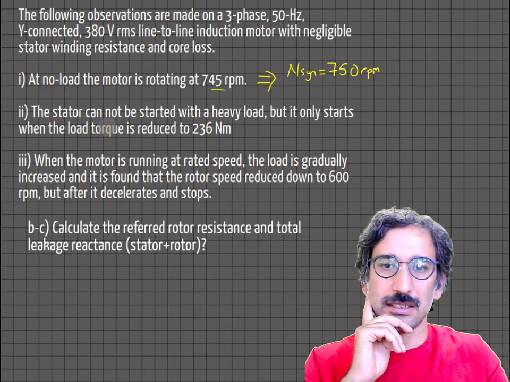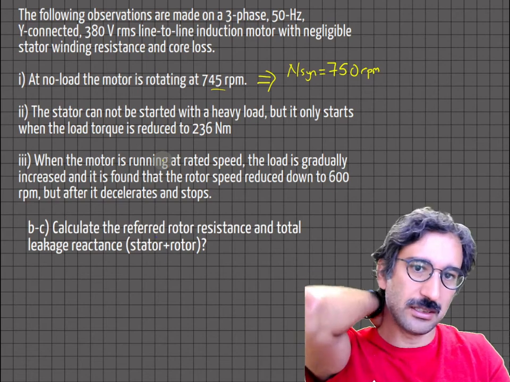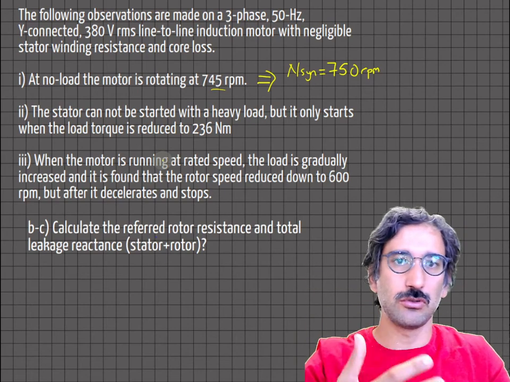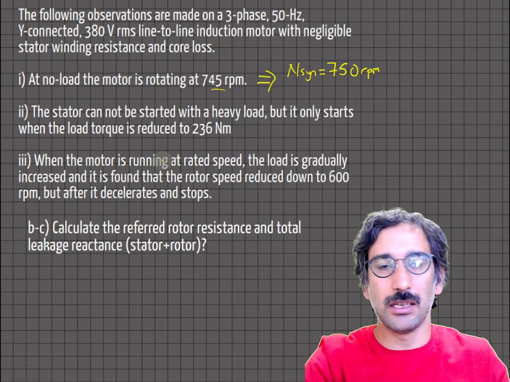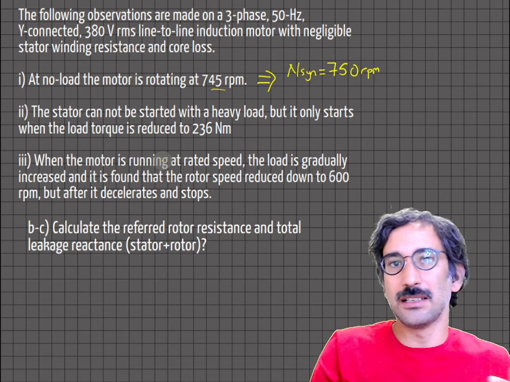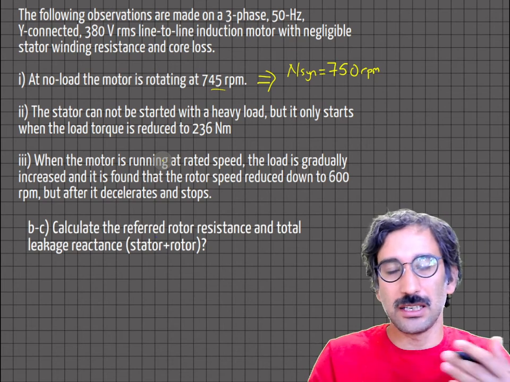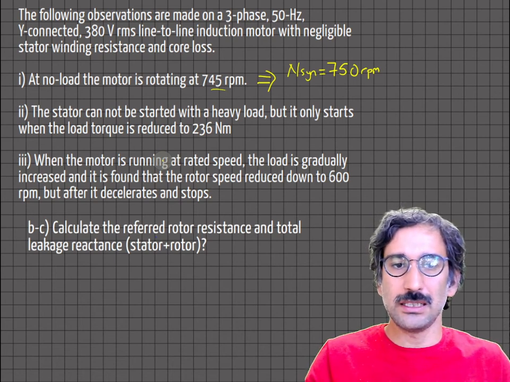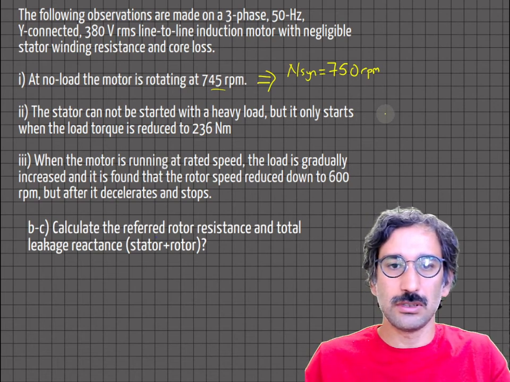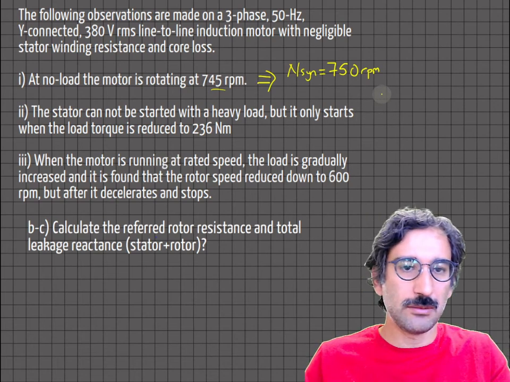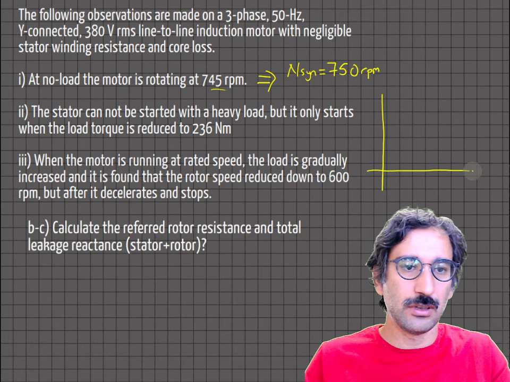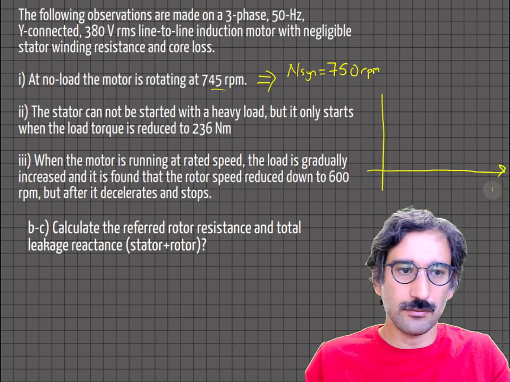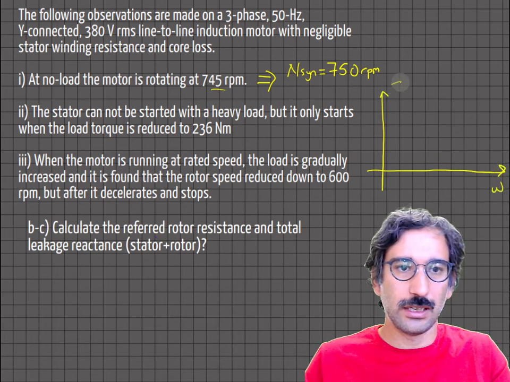So the motor cannot be started with a heavy load. First you apply a high mechanical load to the motor, but it cannot start rotating because it cannot overcome that torque. It only starts when the load torque is reduced to 236 Newton meter. So let me draw the torque of a typical induction machine.